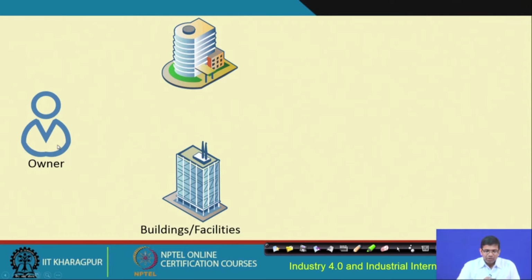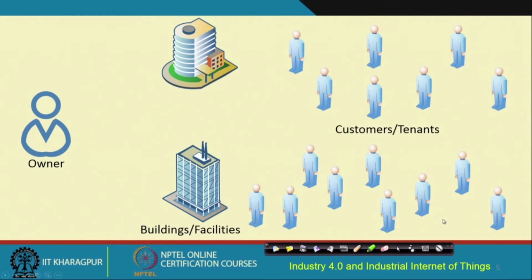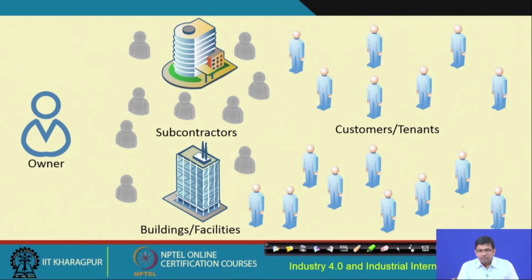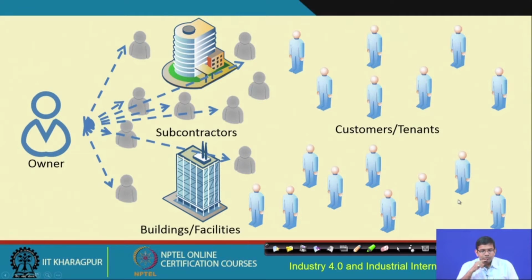We also have a building owner and different customers, tenants of these buildings. We may have different subcontractors performing different things, where different buildings and different floors could be handled by these subcontractors. What is required is to have the owner manage all these subcontractors and, through these subcontractors, manage these facilities, these buildings and so on.